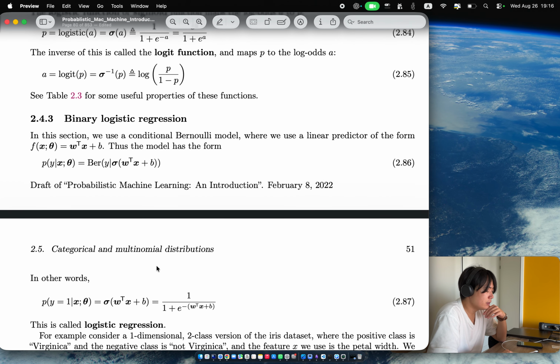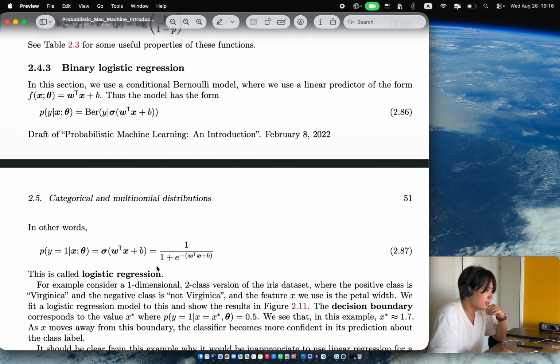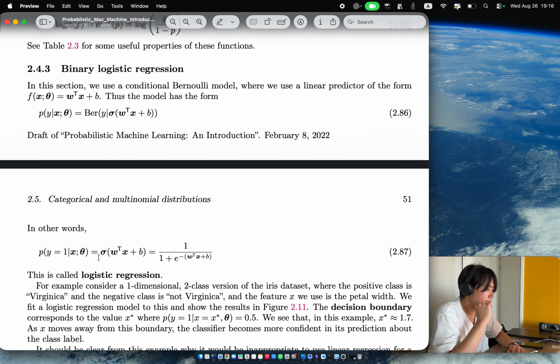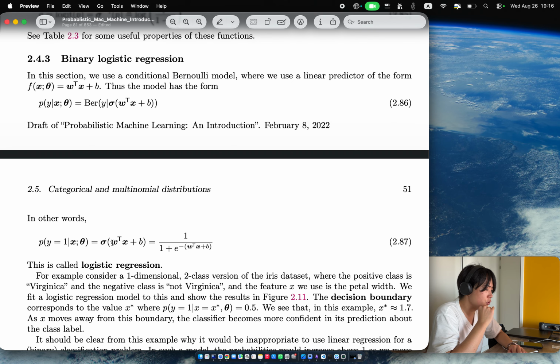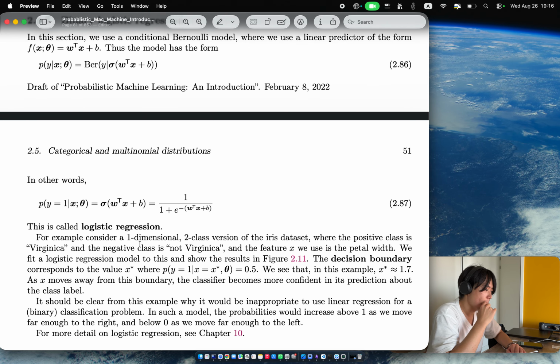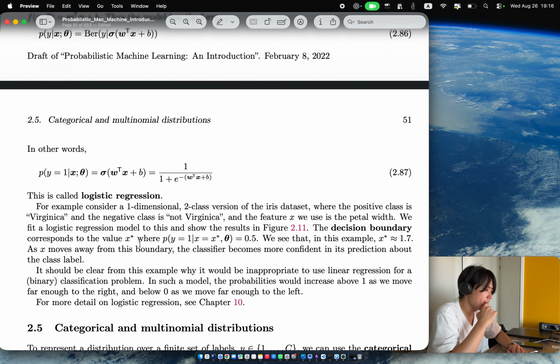And the binary logistic function is the conditional Bernoulli model for this distribution, logistic regression, and that is the way to transform wx plus b, where b is the intercept.